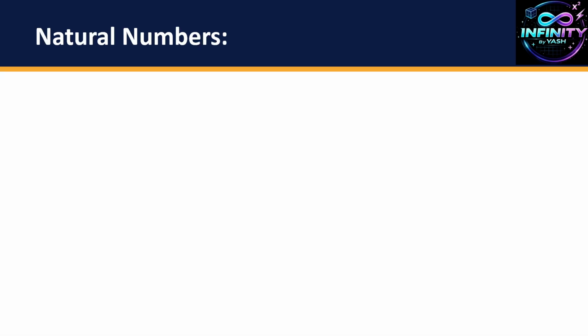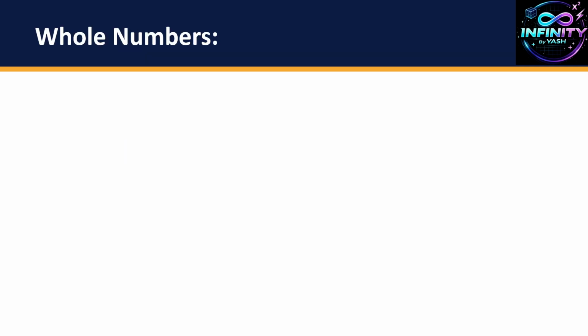The first one is natural numbers. Natural numbers are the first numbers humans used for counting, and you all know that 1, 2, 3, 4, 5, etc. are counting numbers. Natural numbers are denoted by the letter N. We use natural numbers for counting students, counting apples, counting cars, etc. So these are basically counting numbers.